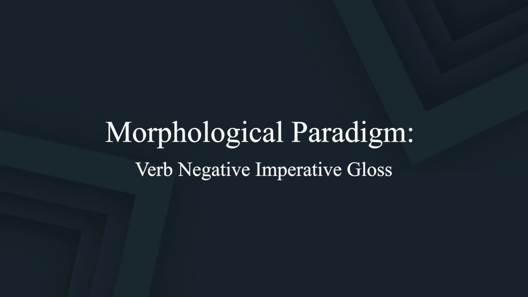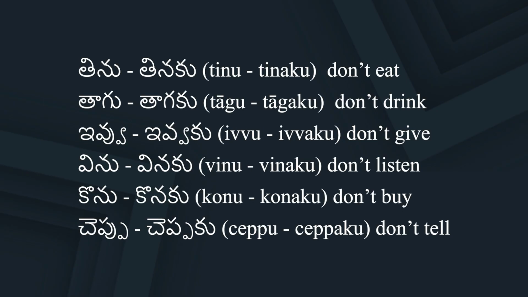Morphological paradigm, verb, negative imperatives, gloss. See the examples. తిను, తినకు, don't eat. తాగు, తాగకు, don't drink. ఇవ్వు, ఇవ్వకు, which means don't give. విను, వినకు, which means don't listen. కొను, కొనకు, which means don't buy. చెప్పు, చెప్పకు, don't tell.